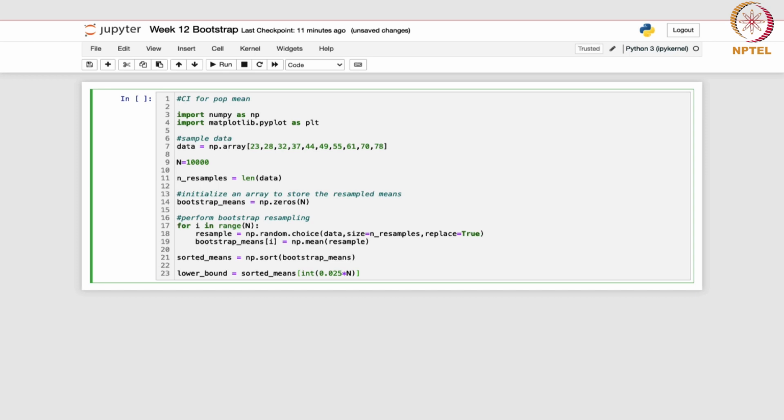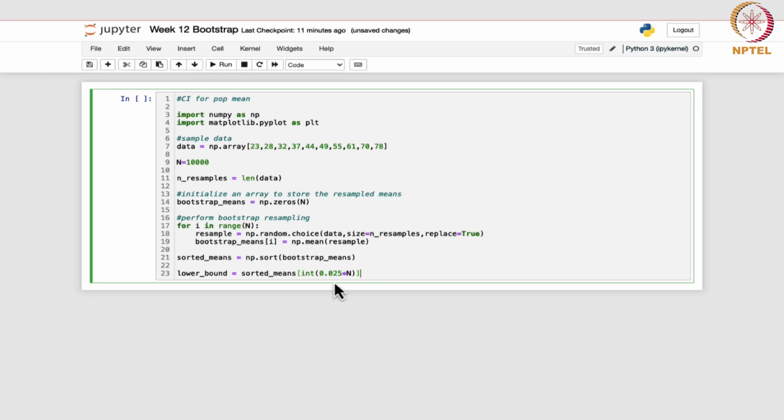So what are we doing over here? We basically want a 95% confidence interval. So 1 minus alpha is 0.95, and alpha is 0.05. Now when we are considering a two-sided interval, for the lower bound the area to the right of it would be alpha by 2, so it will be 0.025.